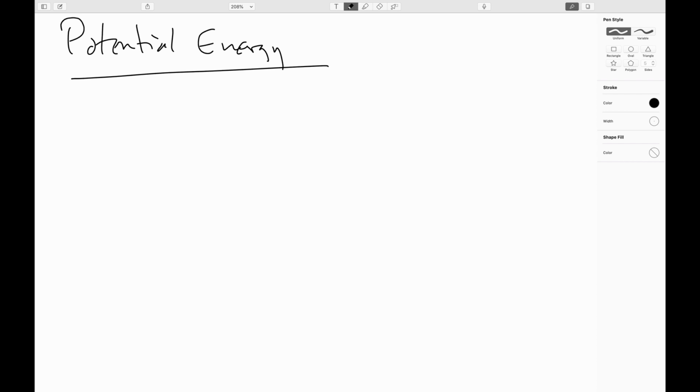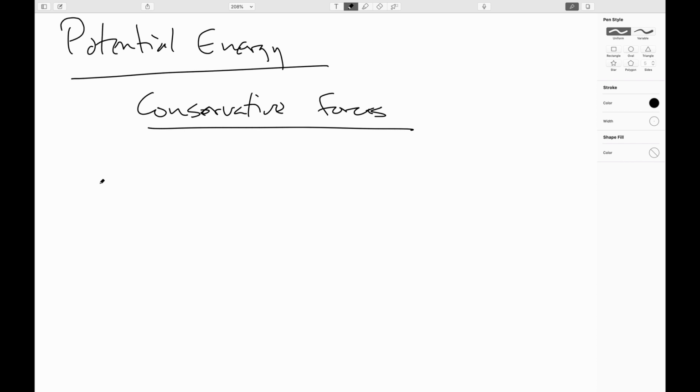So here, in order to create a potential energy function for a force, the force must be what we call conservative. So there are two equivalent definitions of a conservative force.